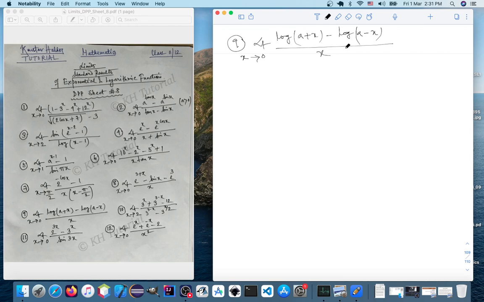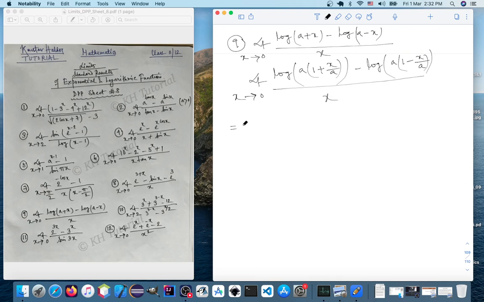But over here we have log(a plus x) and log(a minus x). So a good idea will be to take a common over here and we write it as this, and this is, we take a common, this by this.